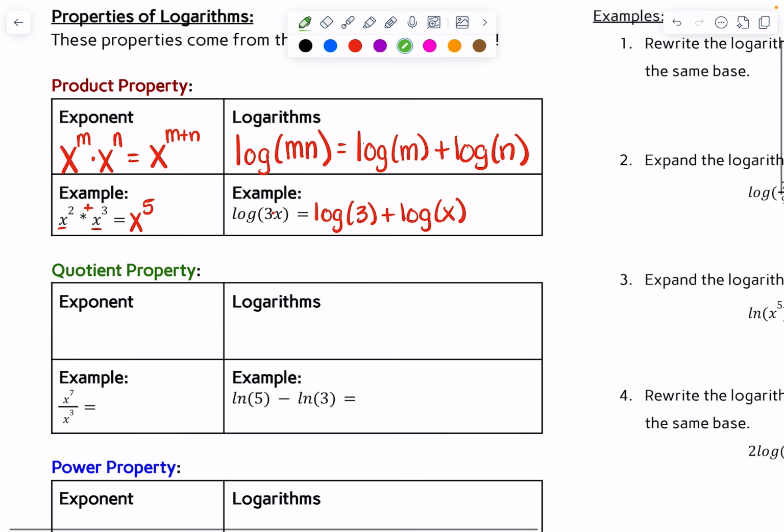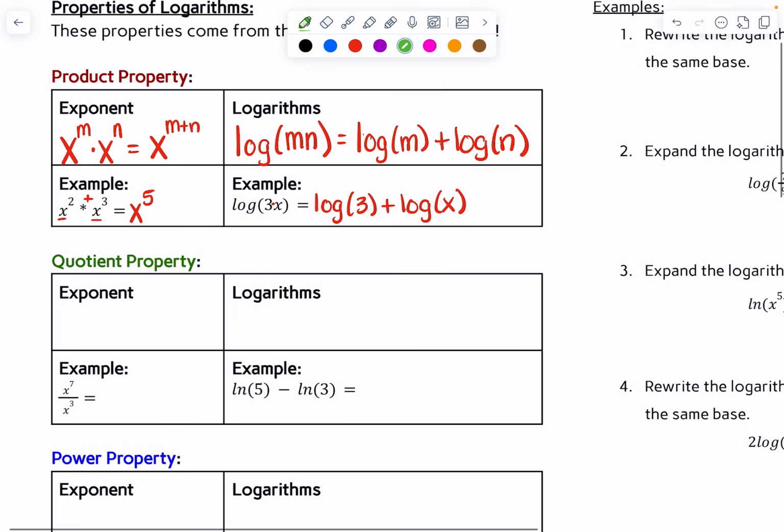Our quotient property, we're thinking division, right? So product is multiplication, quotient is division. The exponent property for the quotient is that if you are dividing, say x to the m divided by x to the n power, as long as they have the same base, you can simplify that to be x to the m minus n power.